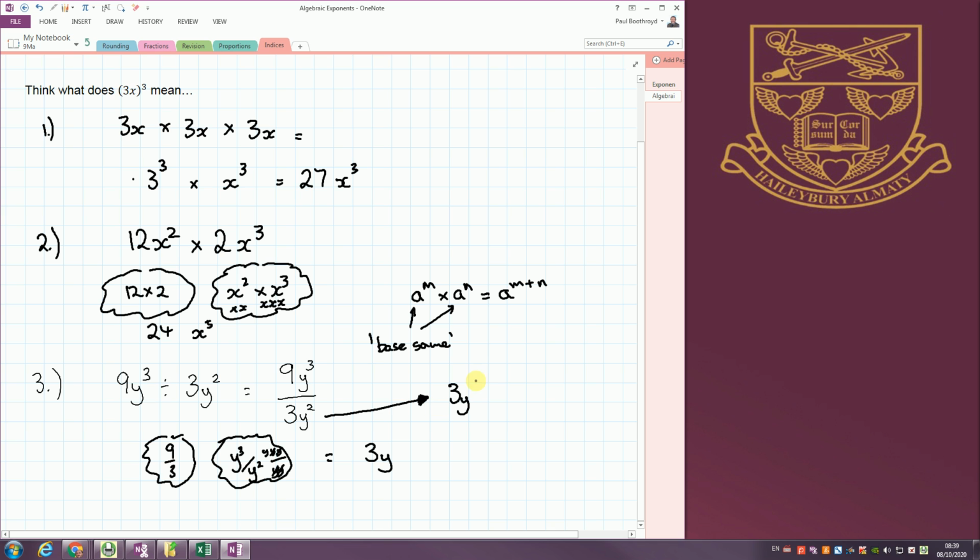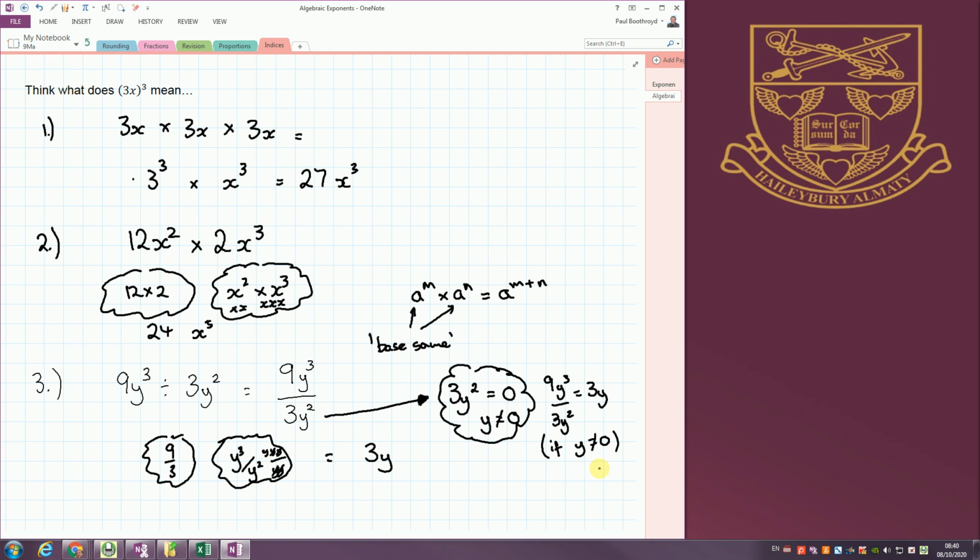And that's an important fact for us in this, that this statement is only true if y is not equal to 0. Okay? You can only make this simplification of 9y cubed over 3y squared equals 3y if y is not equal to 0. Right? I'm not going to ask you to put that into all of them, but it's something to keep in mind when we move into higher levels of mathematics.